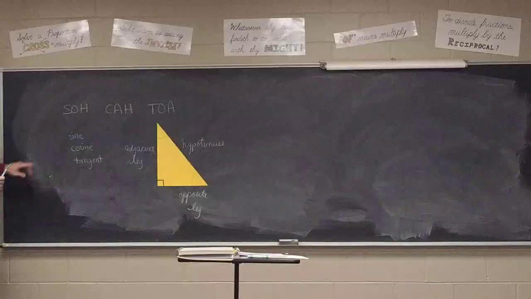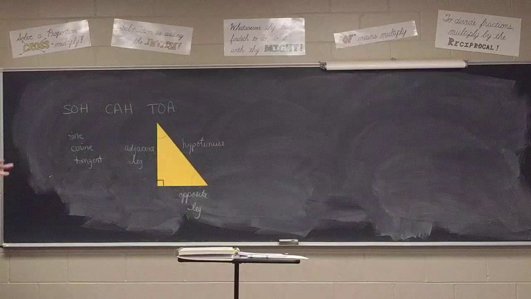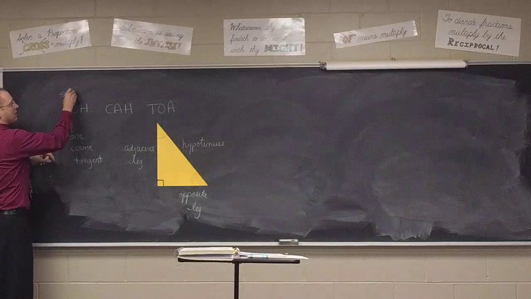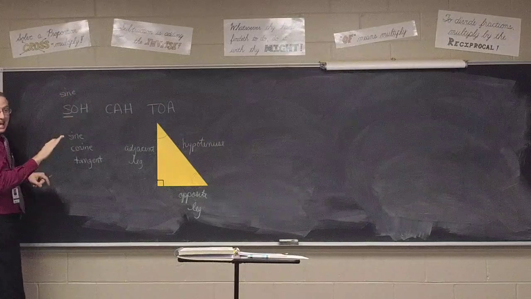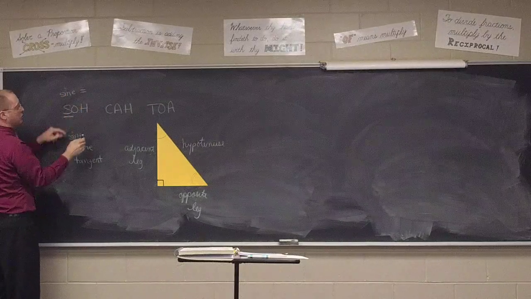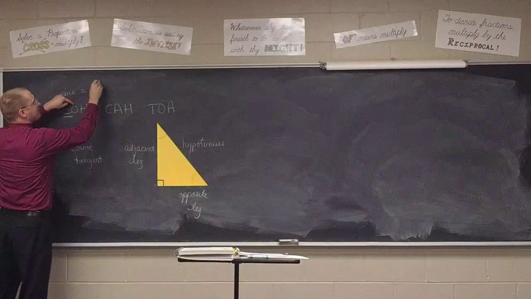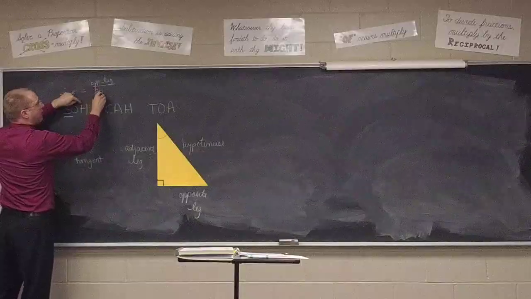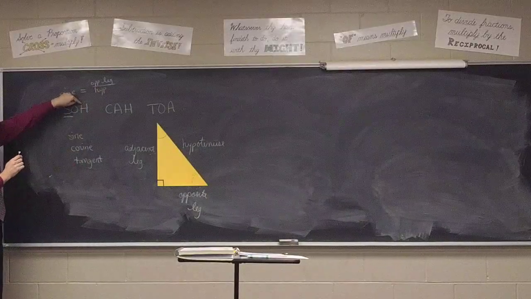Sohcahtoa is simply a way to remember the 3 trigonometric ratios. The sine of any angle is equal to the length of the opposite leg divided by the length of the hypotenuse.